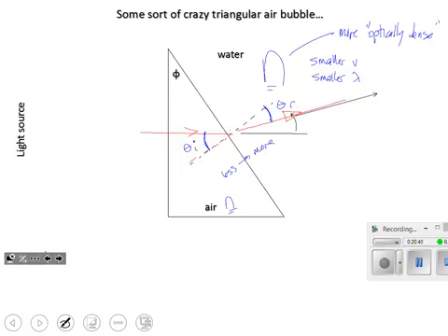I usually don't draw that whole original path of the wave, but it can help when you're first looking at these and asking, what do you mean bends toward? Sometimes I like to draw that initial direction the wave was going, and then say, which way is away from the normal, or which way is toward the normal? Okay, so there's that.